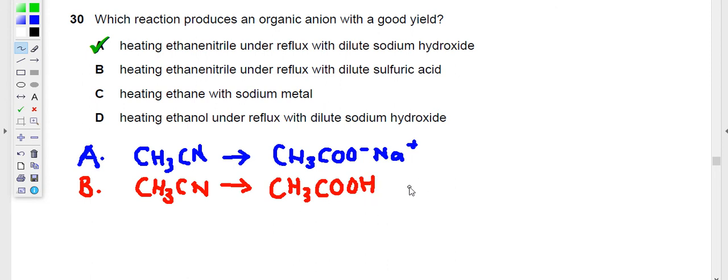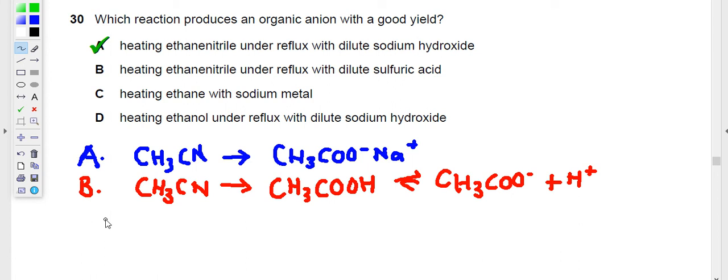Now, although ethanoic acid can also dissociate in water to give us an ethanoate ion and hydrogen ion, because ethanoic acid is a weak acid, we actually do not get a lot of anion from the dissociation of carboxylic acid. So this has a low yield of organic anion.